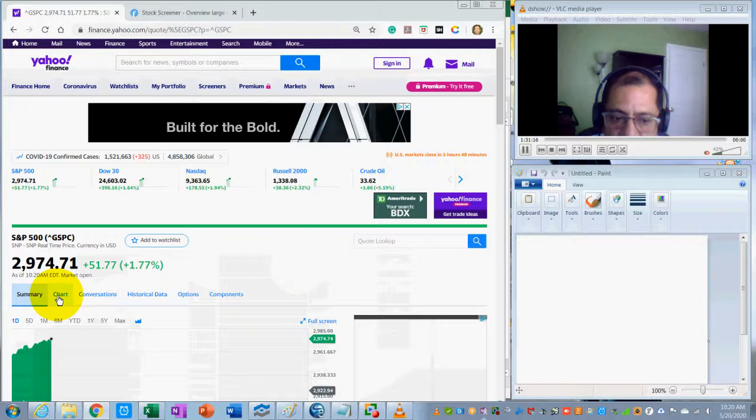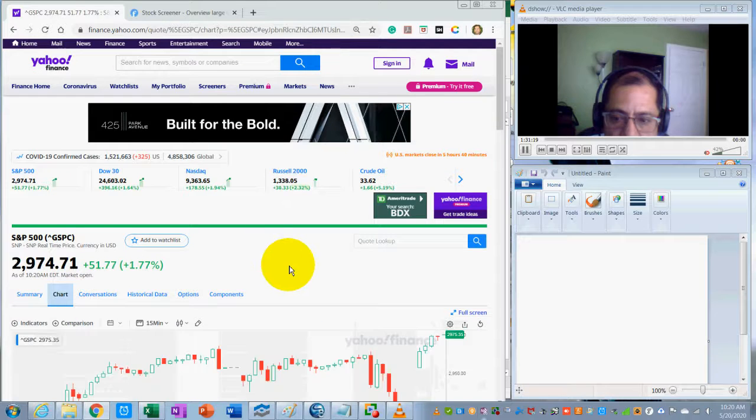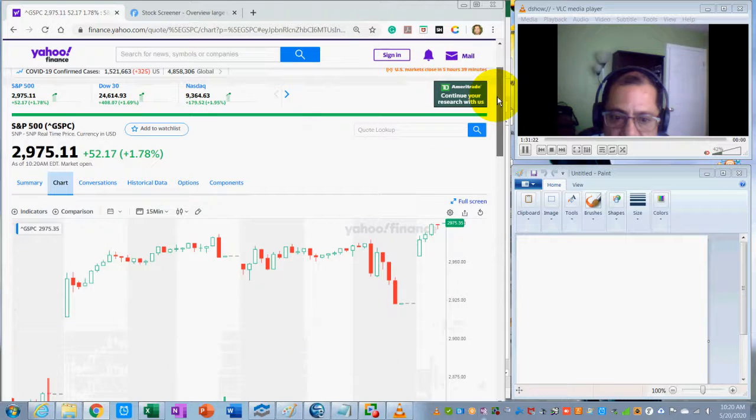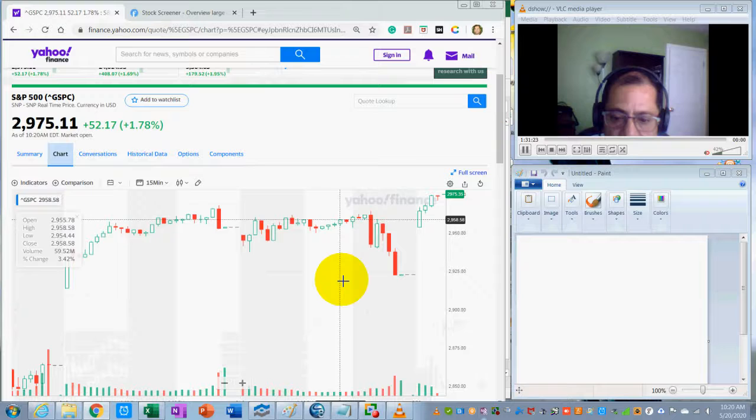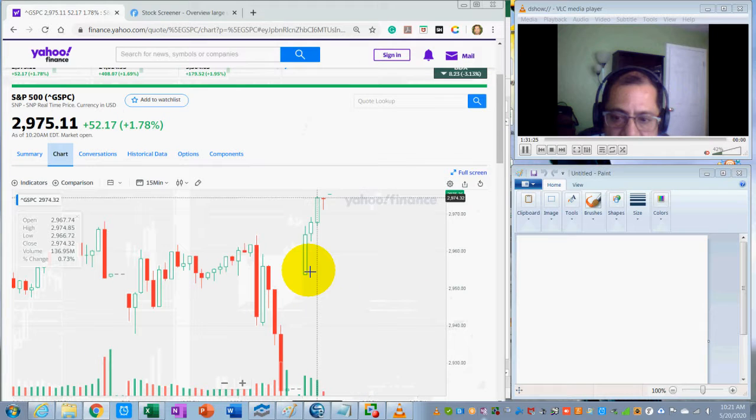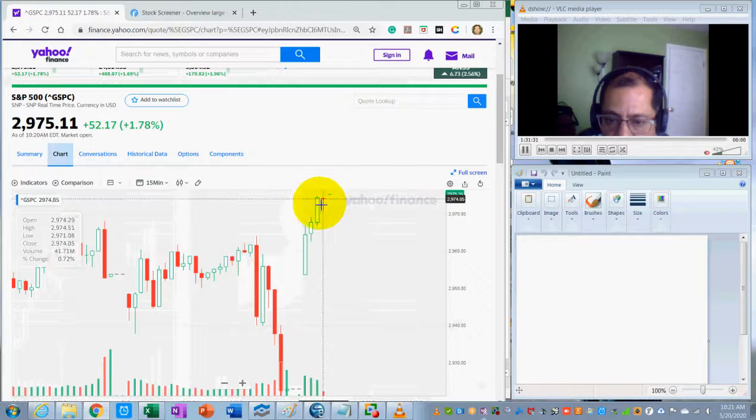We are looking into SPY 500, and if I look into the last 15-minute chart, which you are seeing here, it seems like the market took a little dip and then again it's going up. At this point, it wasn't very sure whether the rally should continue going down, but now it seems like again it's heading north.